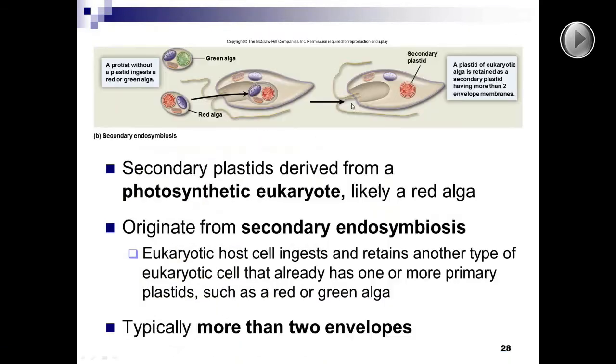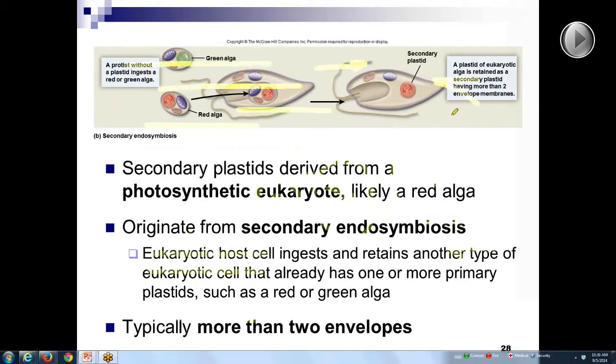So let's move on now to the next slide, and let's see here where we can find more information on what secondary endosymbiosis looks like. So looking at secondary endosymbiosis, we can see secondary plastids are derived from a photosynthetic eukaryote like a red alga or even green alga.